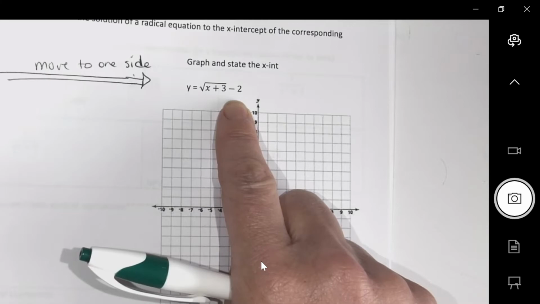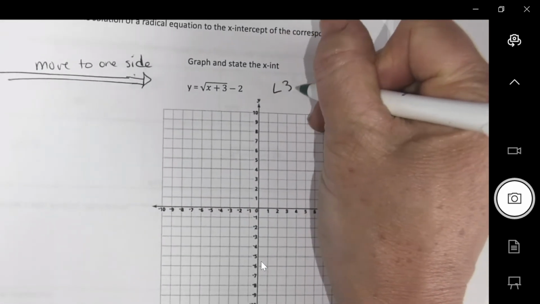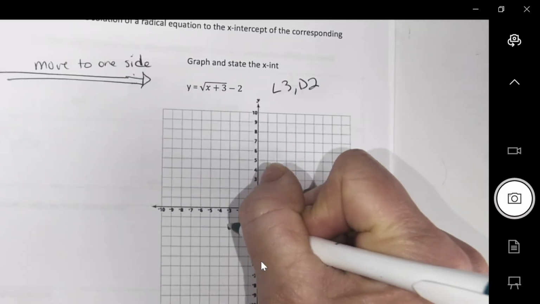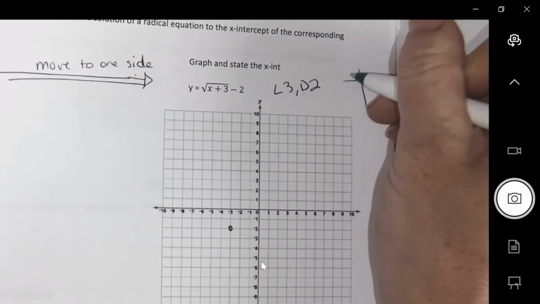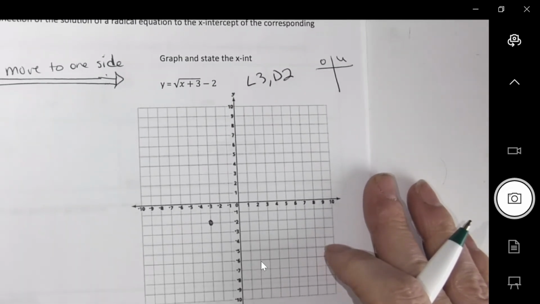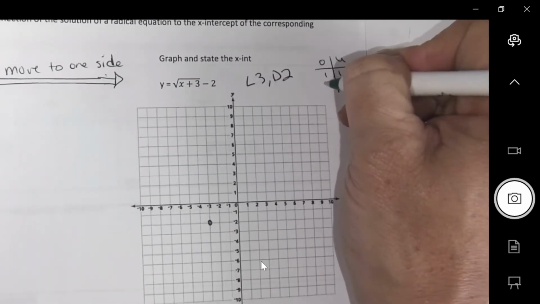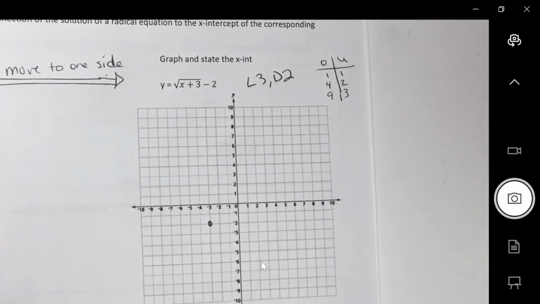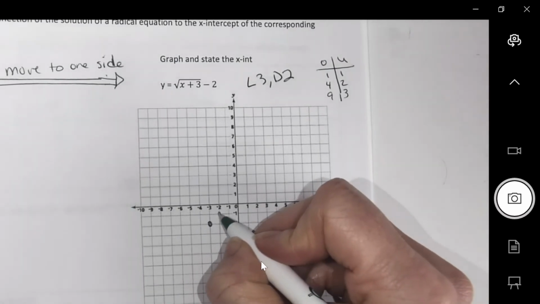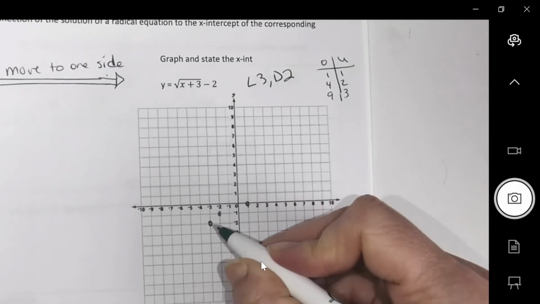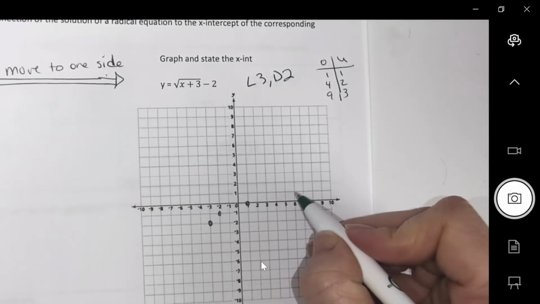Left, right, up, down. Left 3, down 2. Over up pattern on this would be 1, 1, 4, 2, 9, 3, because nothing has happened differently. So this is when you just start to really hope that it does what you want it to do.